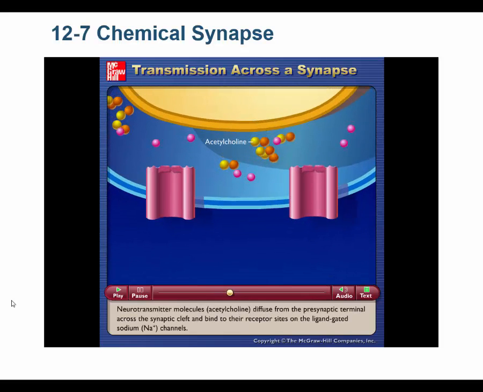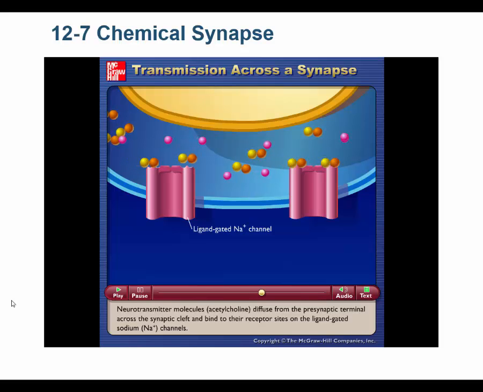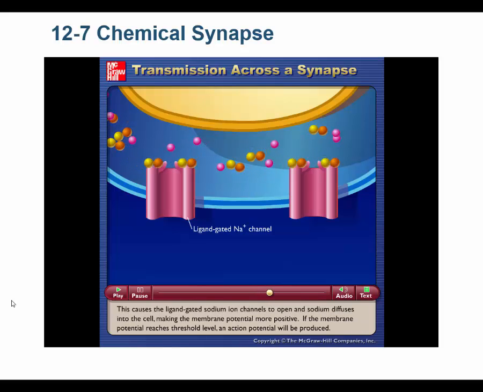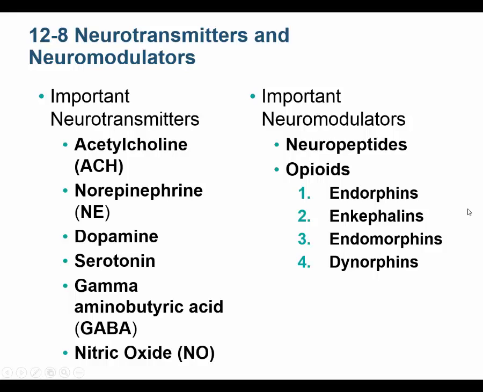Acetylcholine diffuses across the synaptic cleft and binds to receptor sites on the ligand-gated sodium channels. This causes them to open, and sodium diffuses into the cell, making the membrane potential more positive. If the membrane potential reaches threshold level, an action potential will be produced. All right, so that's the general chemical synapse.